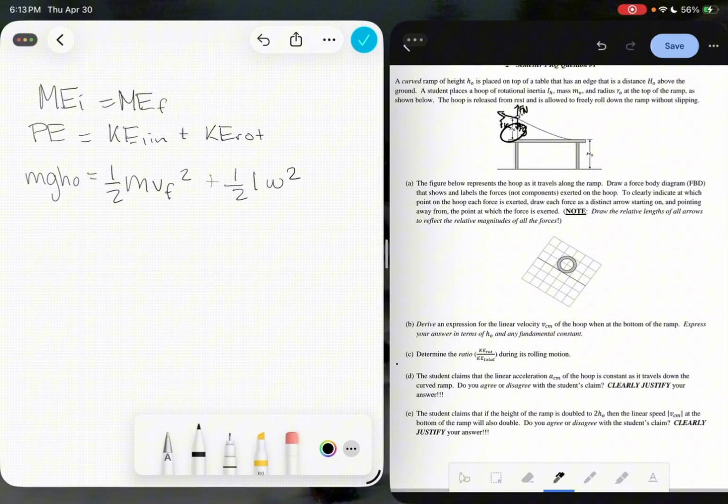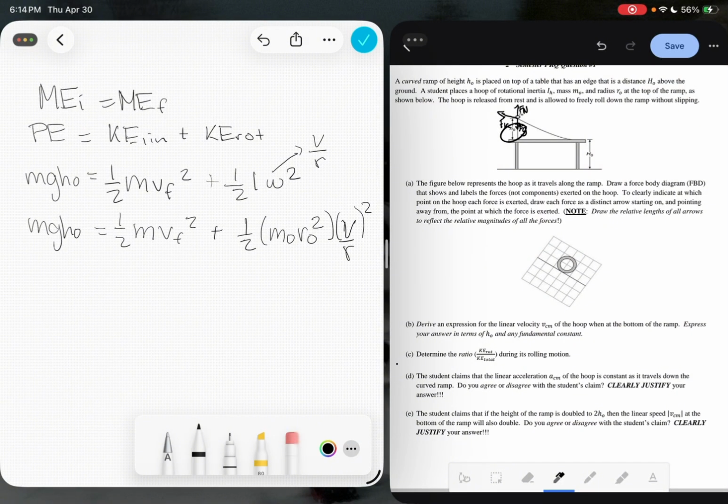I'm gonna plug in the M and R that's given for the moment of inertia. So M naught and R naught, and this is squared. And I'm gonna convert this to V over R squared.